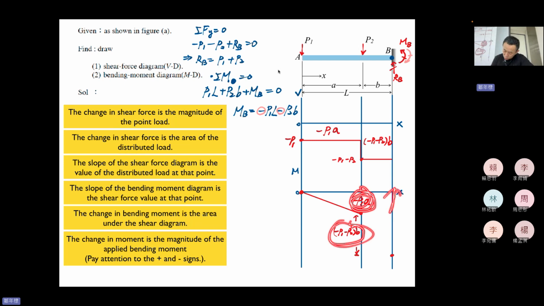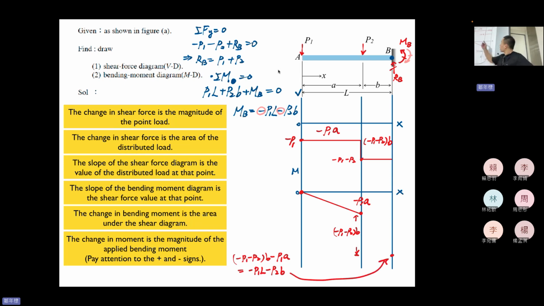So the total height will be minus P1 minus P2 times B, minus P1A, equal to minus P1L minus P2B. So this is the value of that. And we know how to connect that, with this linear slope. Okay, done. And you notice that this value is equal to this one, right? The final point, the reaction force for that.